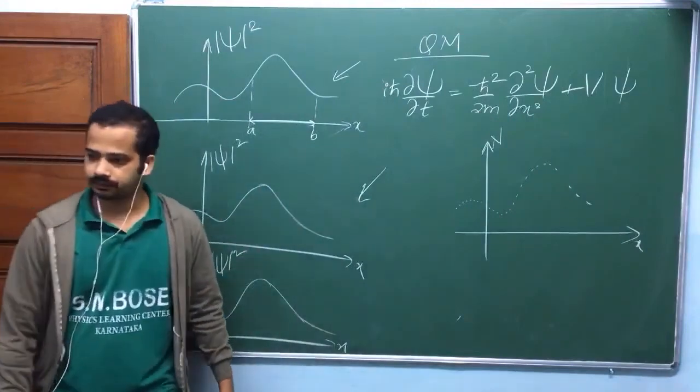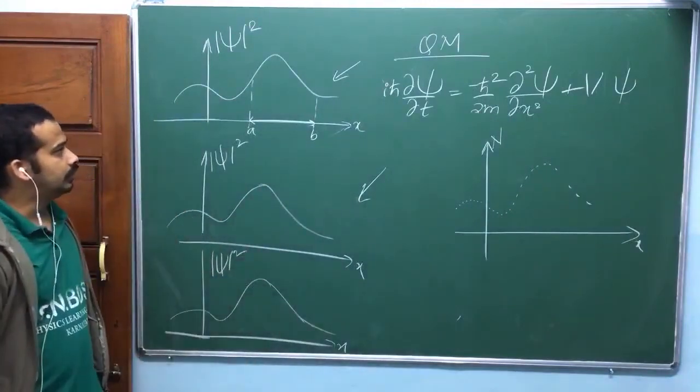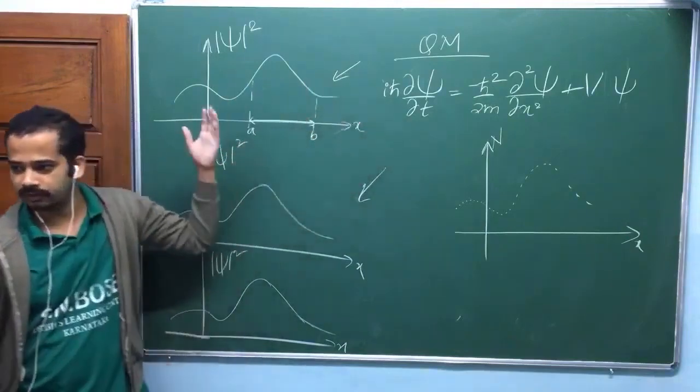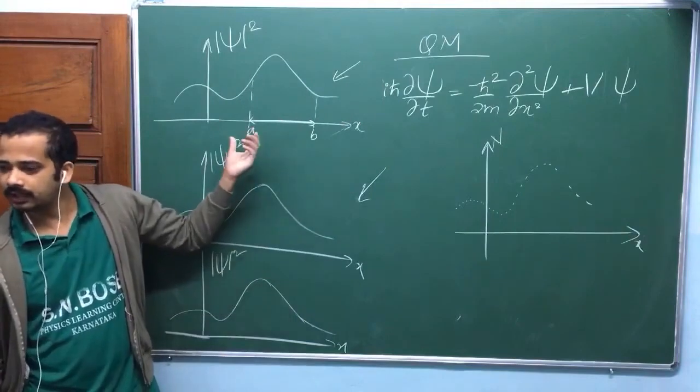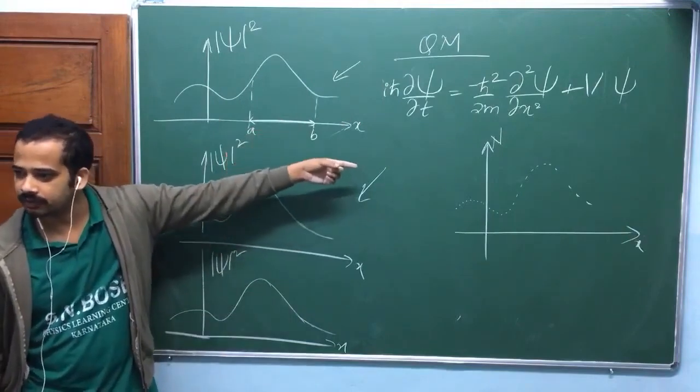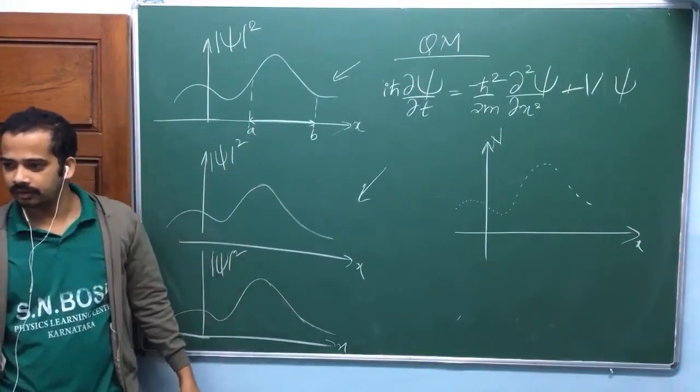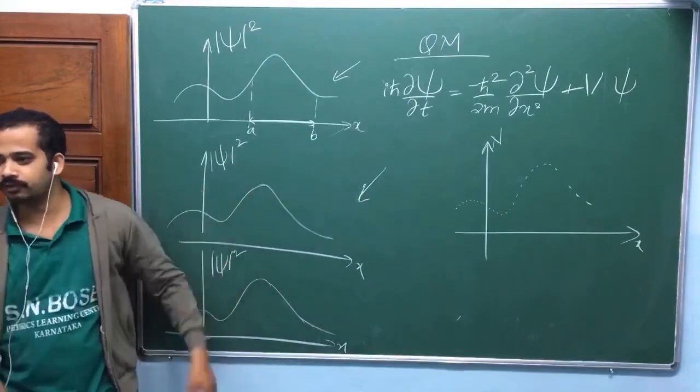How do I prove this mathematically? No, this came from a solution. Psi came from the solution of the Schrodinger equation.